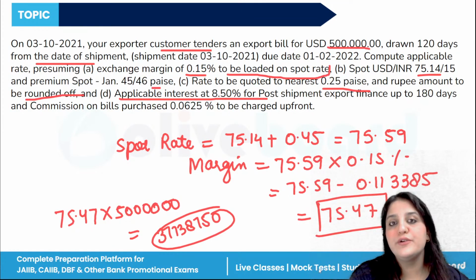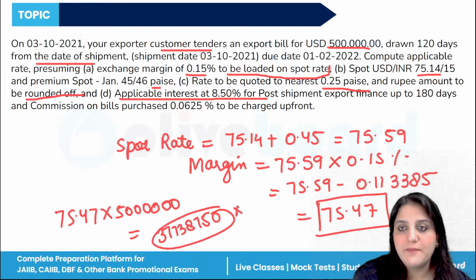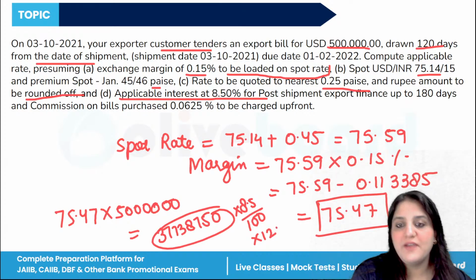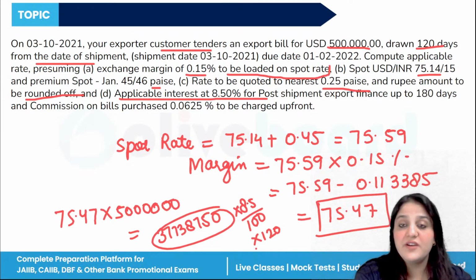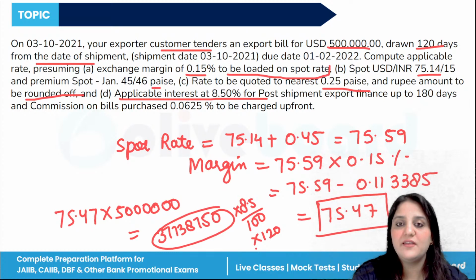First we are going to deduct the interest. How can we calculate the interest? 8.5% is given, so just multiply by 8.5 by 100 and 120 days. It is for 120 days. Okay, so just multiply it by 120 days and divide it by 365, because there are 365 days in a year.